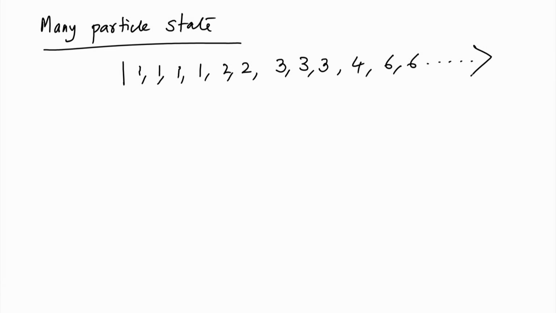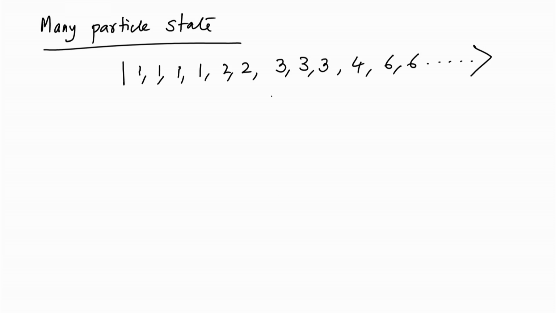What is meant by this notation is that in real space, that is the position space, for i equal to 1 there is one particle, for i equal to 2 there is another one particle, then at i equal to 3 there is another one particle, i equal to 4 one particle, i equal to 5 two particles, i equal to 6 two particles and so on.